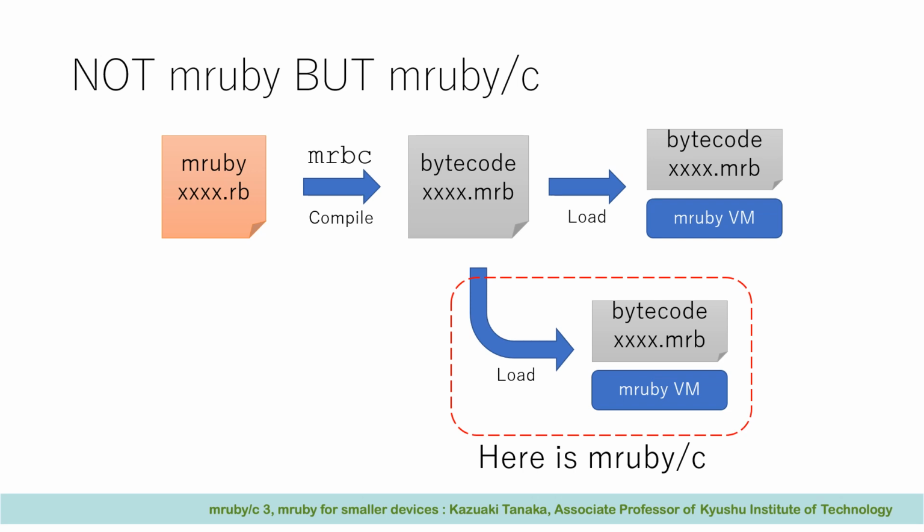So the bytecode is exactly the same as mruby, of course, because I'm using the same mruby compiler. And the bytecode execution, that is the virtual machine, is different. And this is the point of mruby/c. So it is another implementation of the mruby virtual machine.